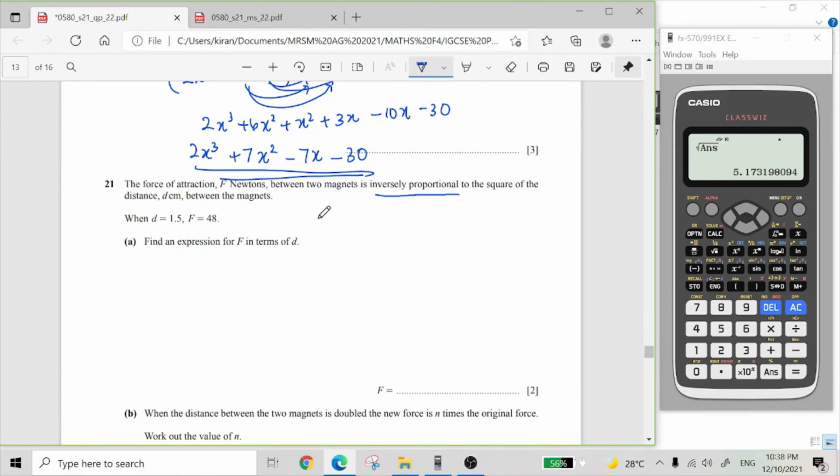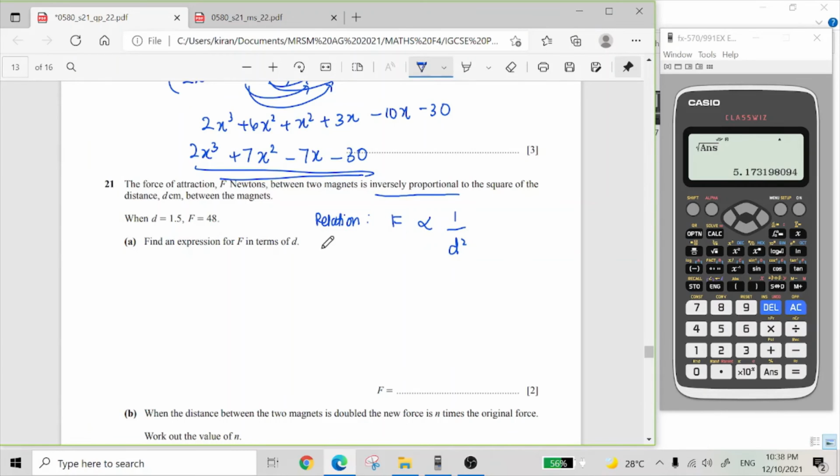So first thing first, we have to write the relation. What is the relation between F and d? F, the force, and then it's inversely proportional to the square of distance. So that means this is the relation.